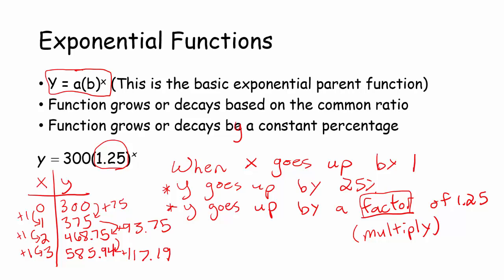So exponential functions are a little bit trickier than linear functions because the rate of change is going to be ever increasing in the case of a growth function, or ever decreasing in the case of an exponential decay function, even though you're going up by a constant percentage, even though you're going up by a constant factor every time x increases by 1. That does not mean that the rate of change is constant.